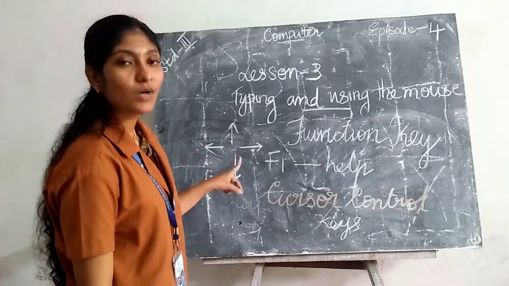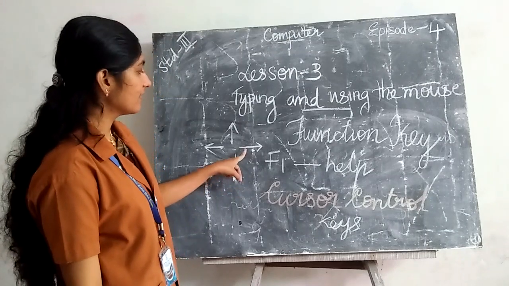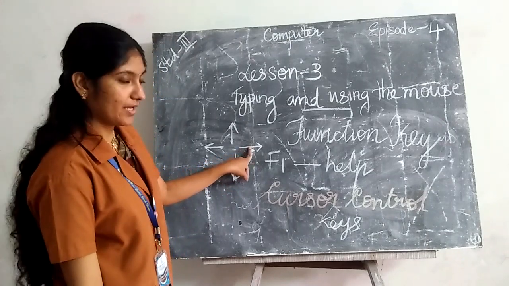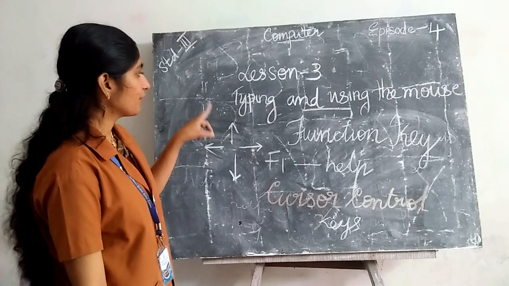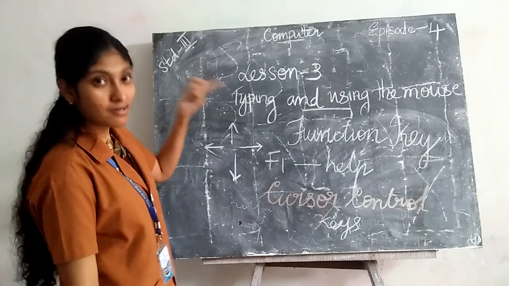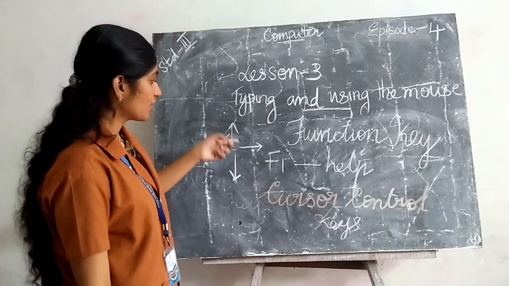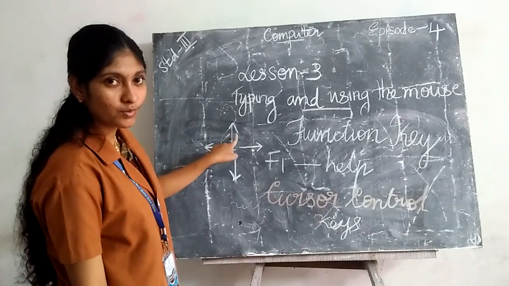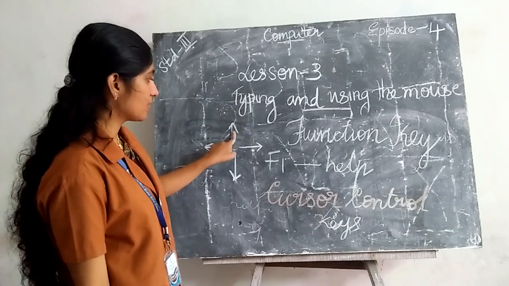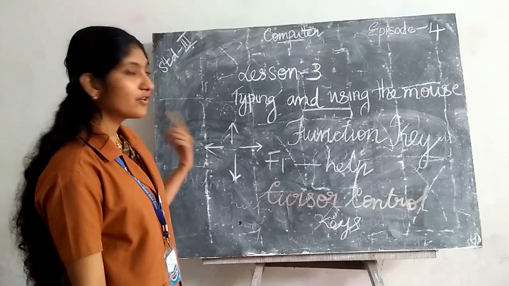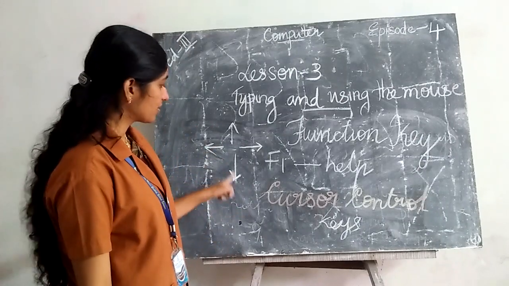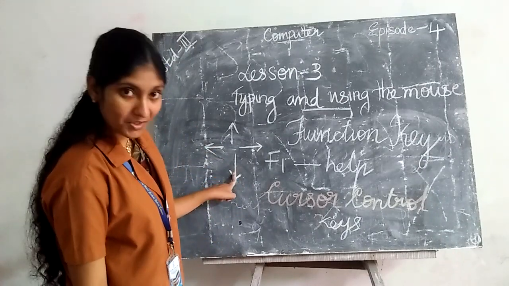If you want to move in the right direction, use the right arrow. If your cursor wants to move up, you can use the top arrow. If you want to go downward, you can use the bottom arrow.